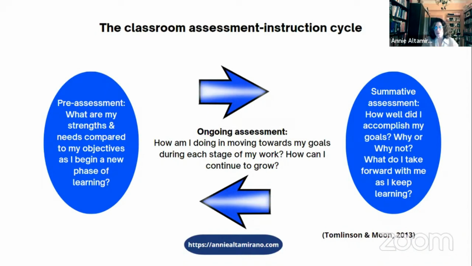All these questions are part of the learning cycle, and also help our students develop metacognitive strategies, which are so important for helping students succeed in their learning.